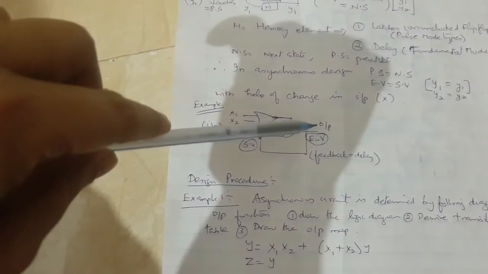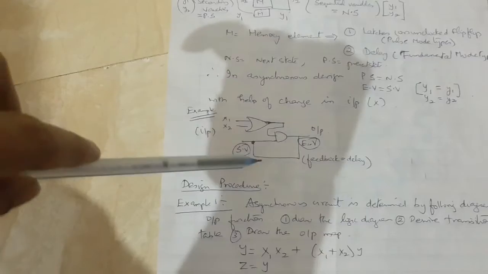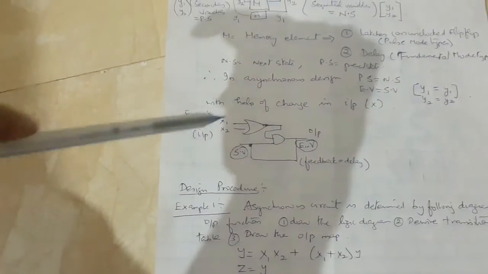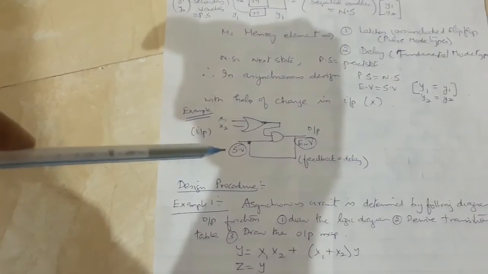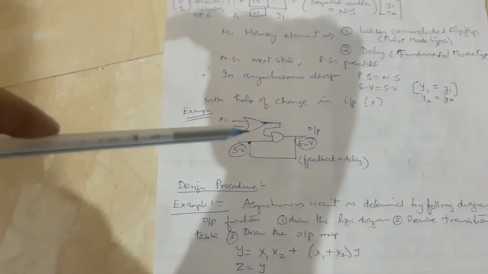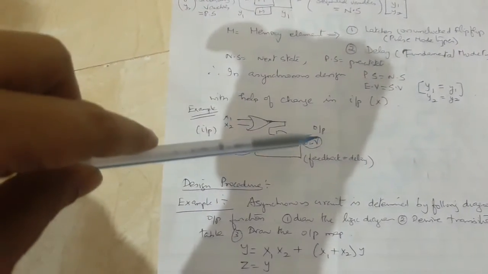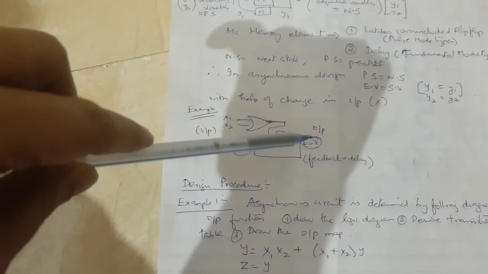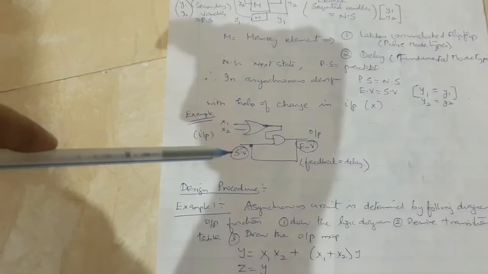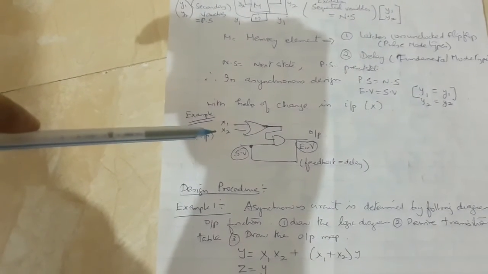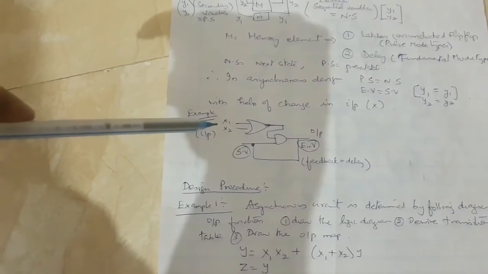This is called the feedback delay element, and the whole circuit is called an asynchronous sequential circuit. There are no clock pulses, but the output will depend upon the excitation variable and secondary variable, along with the input applied to the system.